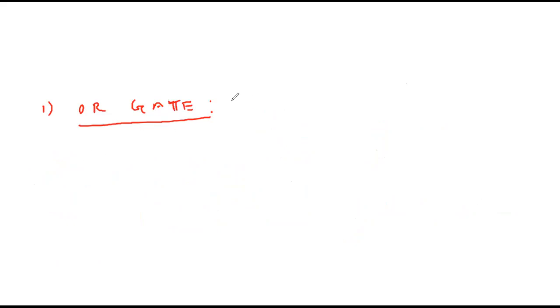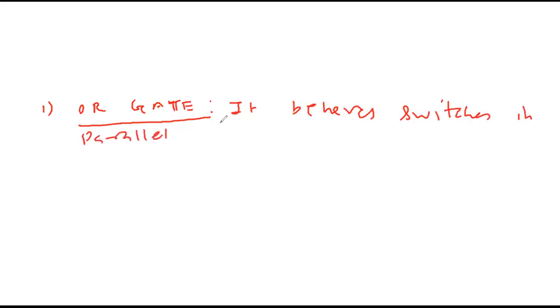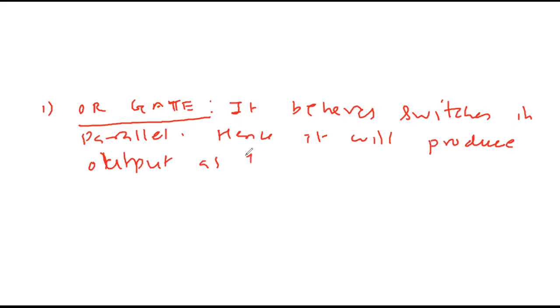So एक शॉर्ट में लिखता हूँ, it behaves like switches in parallel. Hence, it will produce output as 1 when even one input is 1.